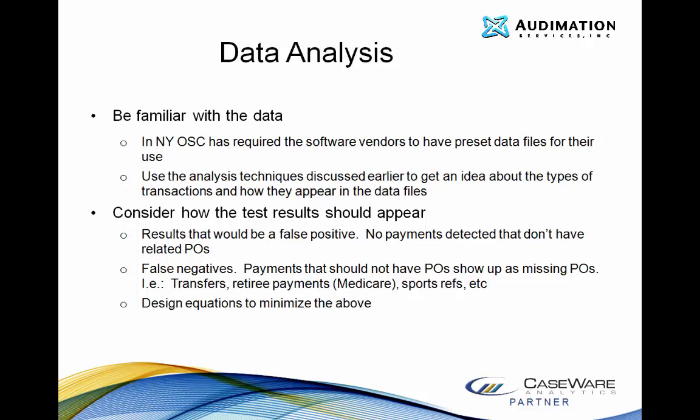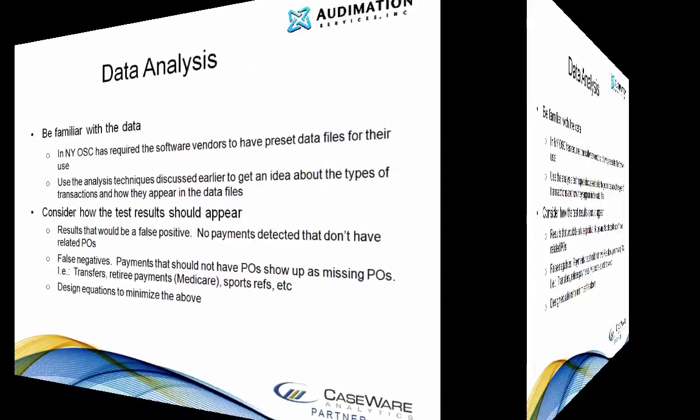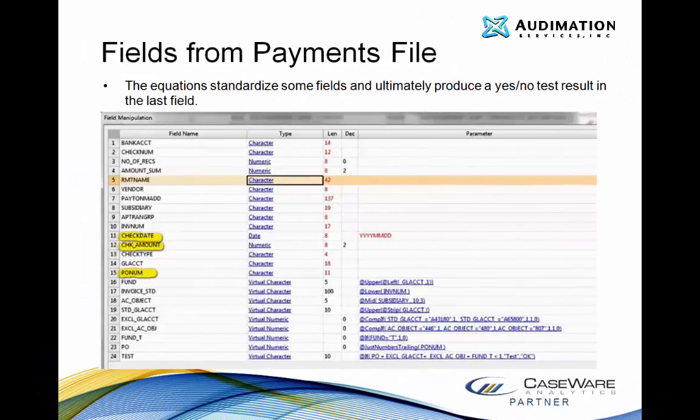And after you know those, you would have to design your IDEA test with equations to minimize those issues. And on this next slide, I've got some examples of some of the things that I did to minimize some of those issues. I identified various types of objects in the accounting code that should not have POs.